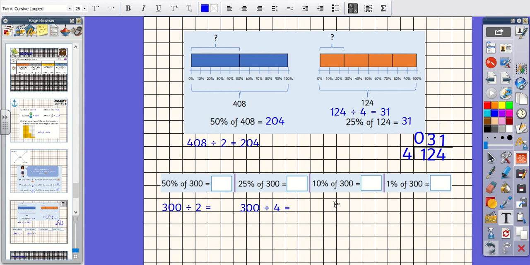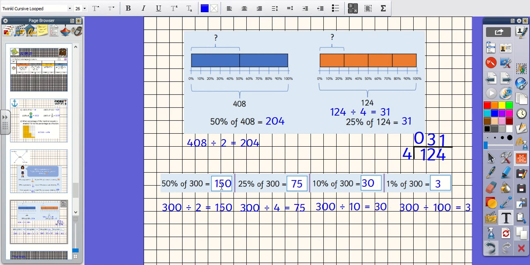Next one, 10% of 300, so we would do 300 divided by 10. And then 1% of 300, we would do 300 divided by 100. Okay, I would like you to have a go at those questions for me, please. Pause this video now and then unpause it when you are ready to find the answers.